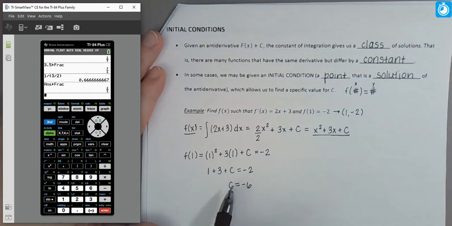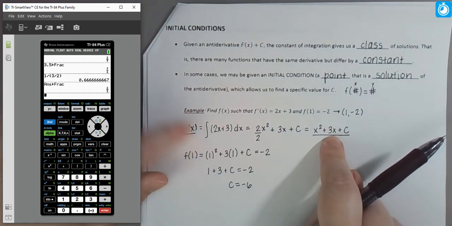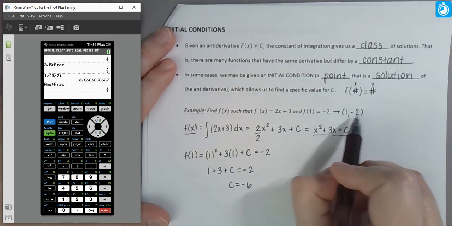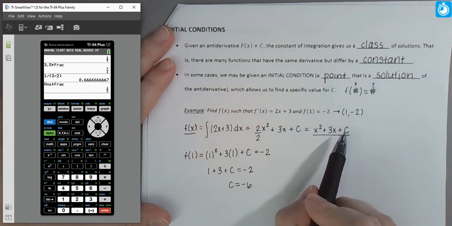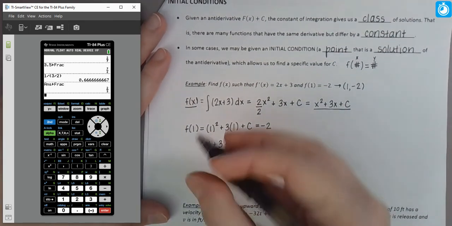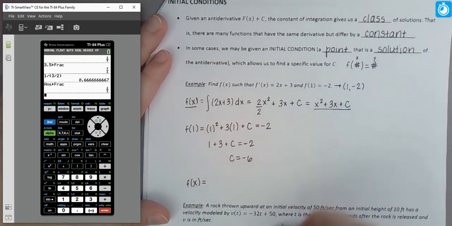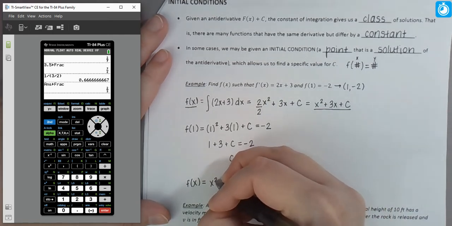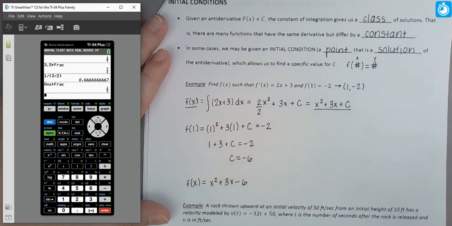So our value for c that allows us to take this function, a function of this structure, and get a graph that would contain this particular point is going to be the version of this function where c has a value of -6. So our actual function, the actual individual antiderivative that we want, is going to be x squared plus 3x minus 6.